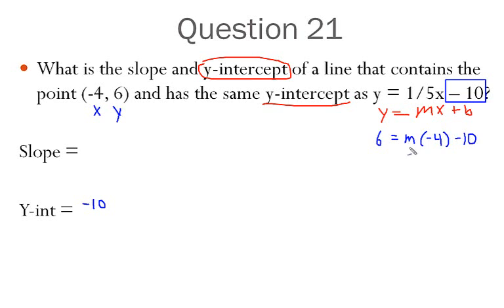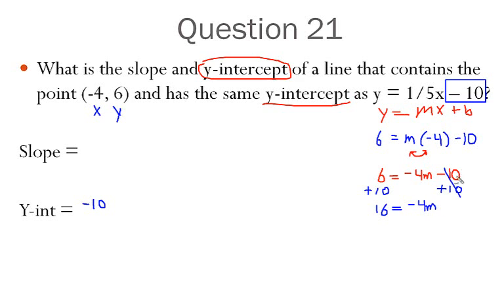Now I'm going to multiply these two terms together here. When I multiply m times -4, I get -4m minus 10. Next I want to get rid of this minus 10. I'm trying to get m by itself to see what it equals, so I'm going to add 10 to both sides. 10 plus 6 gives me 16 equals negative 4m.